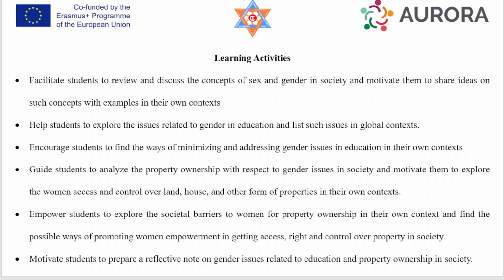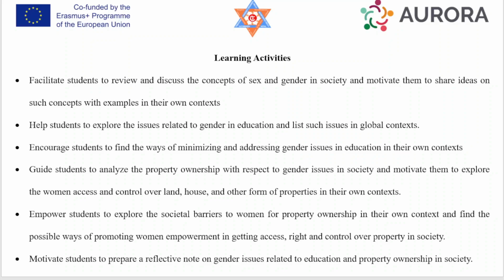The first method will be to facilitate students to review and discuss the concept of sex and gender in society and motivate them to share ideas on such concepts with examples in their own context. For example, sex is a biological difference of being male and female.